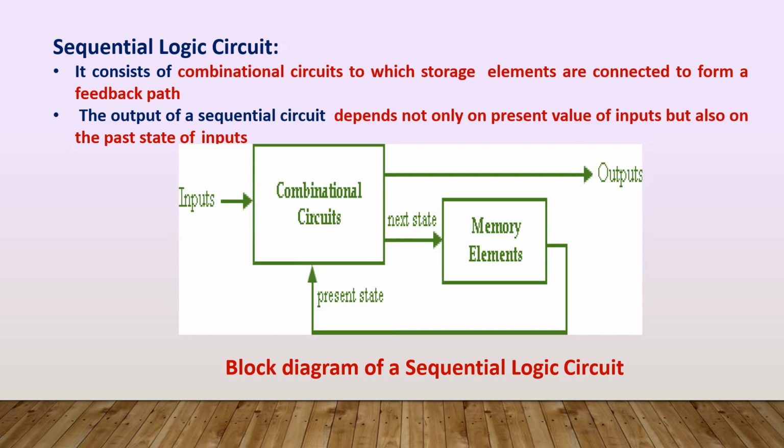One more difference is that the output of a sequential circuit depends not only on the present value of the inputs, but also on the past state of the inputs. So this is the basic difference between combinational and sequential circuits.